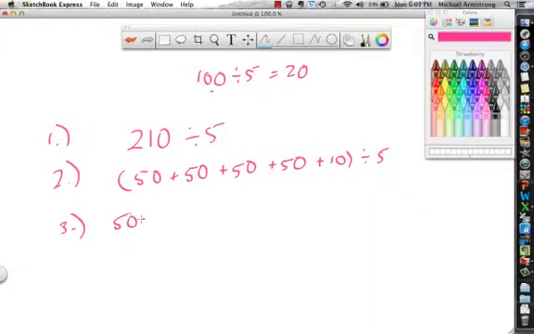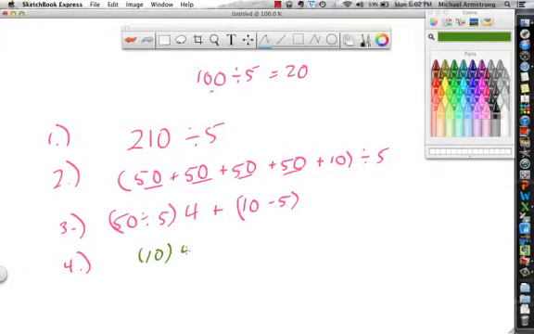So this is 50 divided by 5, and we do that 1, 2, 3, 4 times. And then we add to it the 10 divided by 5. Okay? And step 4, now notice I just multiplied this times 4 because this is done 1, 2, 3, 4 times. 50 divided by 5 is 10.